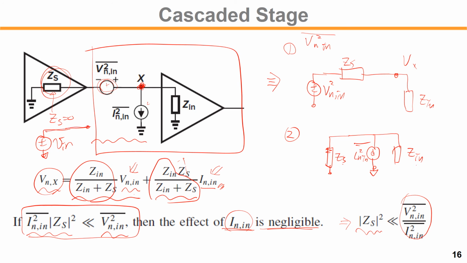With an ideal voltage driver, we can ignore IN square, okay? That would be okay.